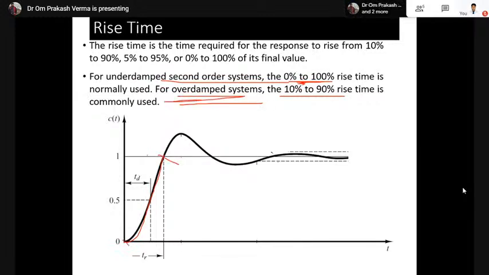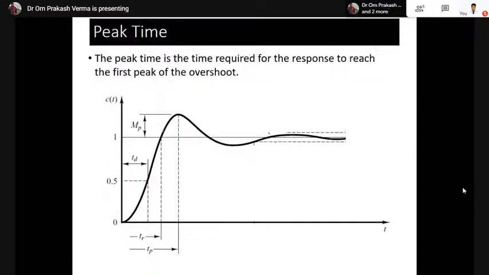However, if the system is overdamped, the definition is slightly changed to 10 to 90%. Generally we encounter the underdamped system, so there is no problem in that. So the peak time is this one. The peak time is the time required for the response to reach the first peak of the overshoot.